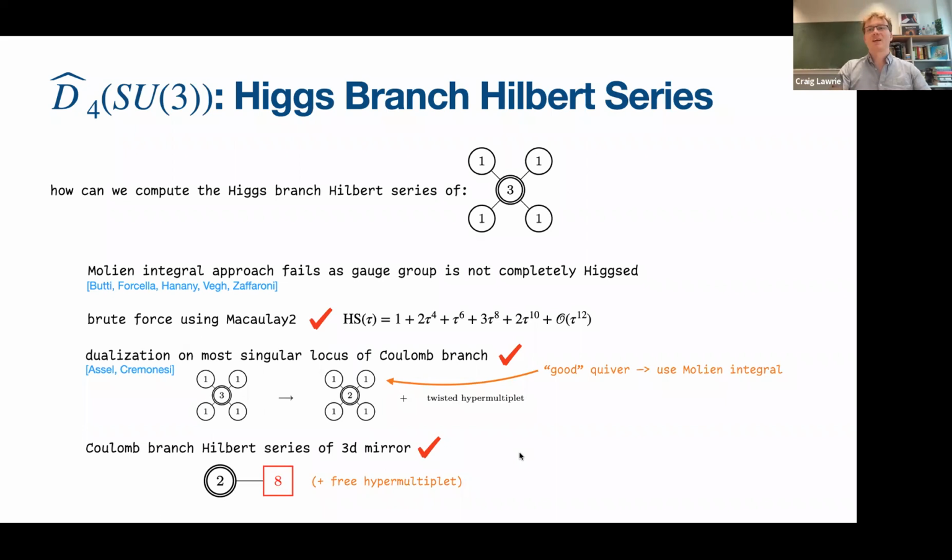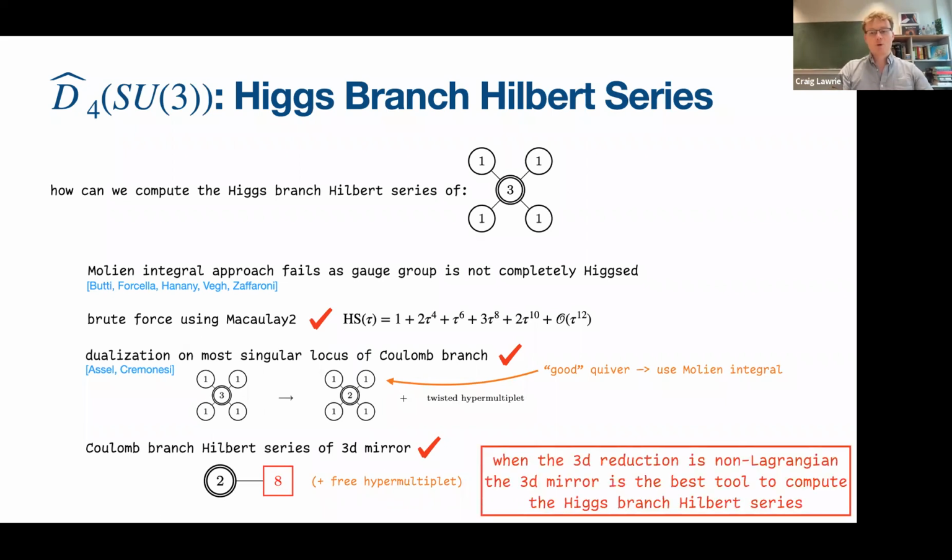Okay. But in general, the 3D reduction is not Lagrangian. Yeah, when you have a one-dimensional Higgs branch, you have a very restricted set of options. So exactly. What you wrote was the quiver for Klein before.